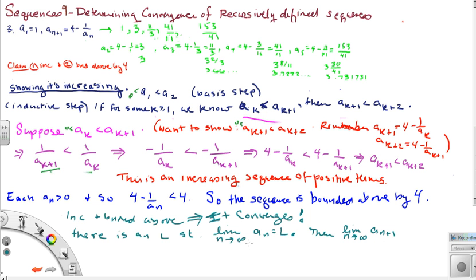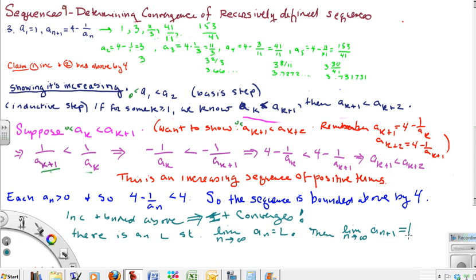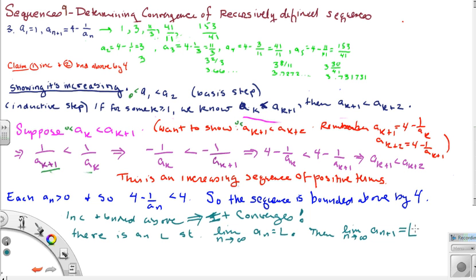As n gets larger and larger, a_n is getting closer and closer to L. But this is exactly the same sequence, just moved over one. So if the a_n's are getting closer to L, then the a_(n+1)'s are also getting closer to L. It doesn't really matter where you start in the sequence when you look at limits going to infinity. This has got to equal L as well. So what is a_(n+1)?